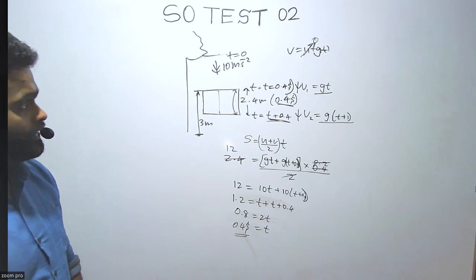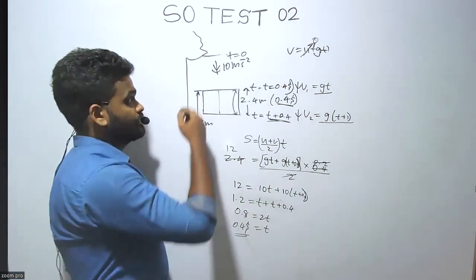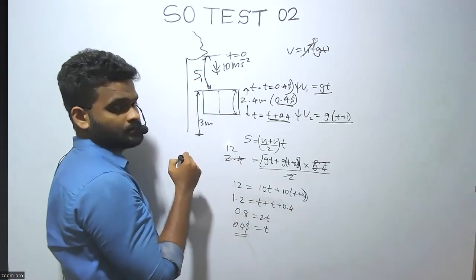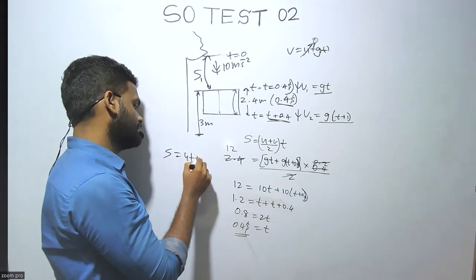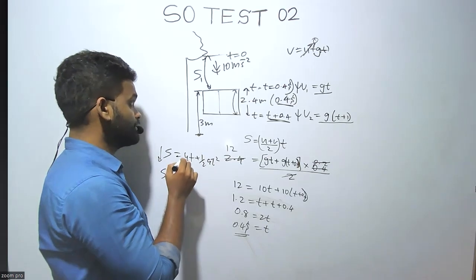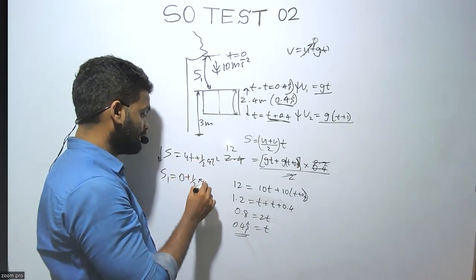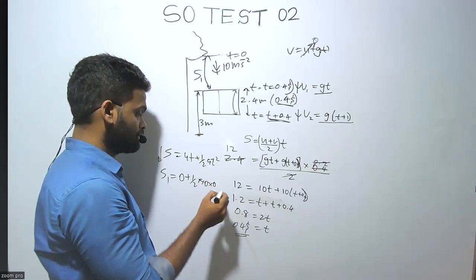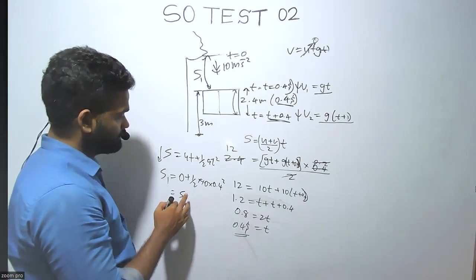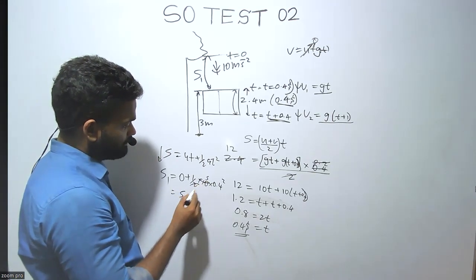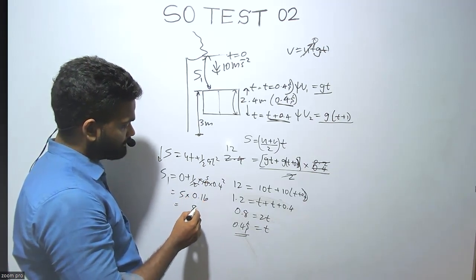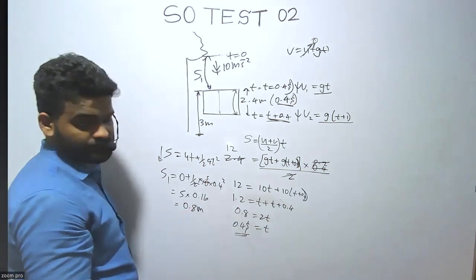If you know that time, that is all we need. So you can find this distance. Let's say that distance is s1. Simply apply this equation downwards: s1 equals initial velocity 0, plus half times 10 times 0.4 squared. So you have 5 times 0.16, that is 0.8 meters.